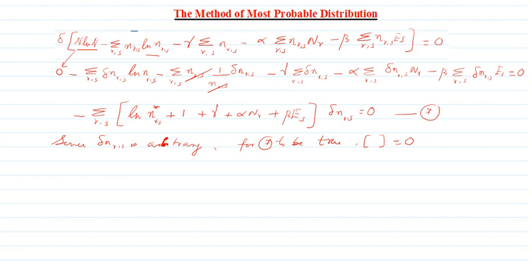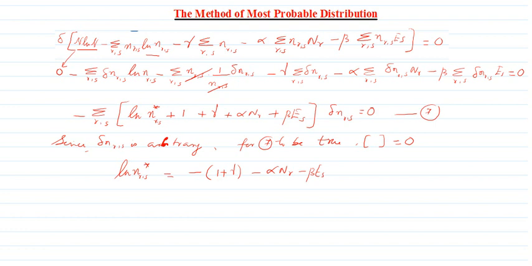So which tells that log of NRS star, I'm rewriting that one, should be equal to, taking all other terms to the other side, I'm putting that quantity equal to 0 first, and then taking all the terms to the other side. It will be minus of 1 plus gamma, minus alpha NR, minus beta ES.